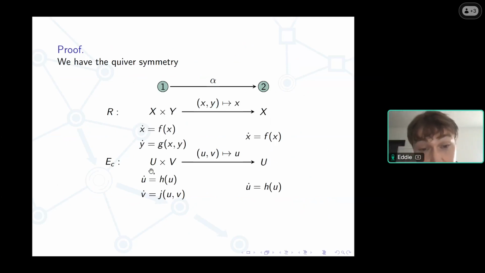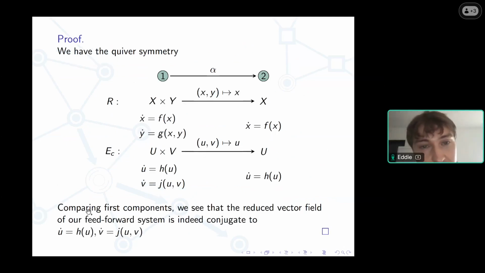So now you just compare the first components, right? The reduced dynamics of this guy looks like this, and the reduced dynamics of this looks like this, but we don't need that part anymore. Comparing just the first components, we see that indeed the reduced vector field is conjugate to this guy, so feed-forward structure is indeed preserved.